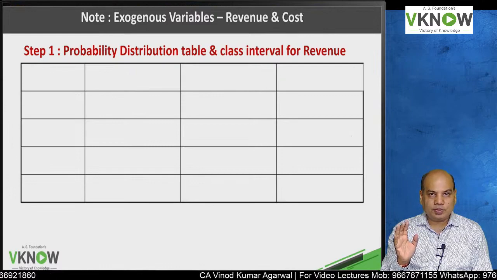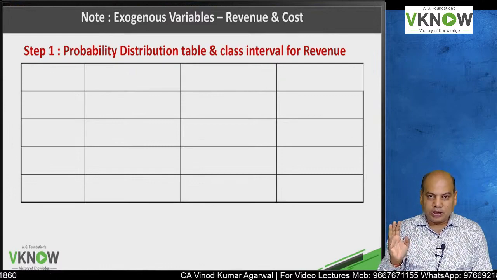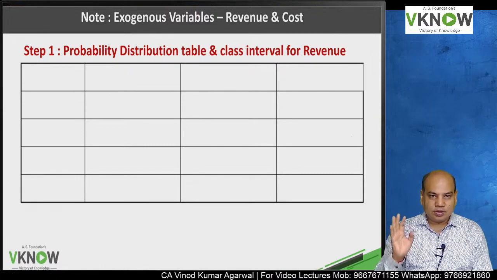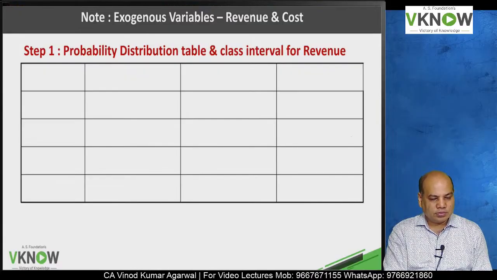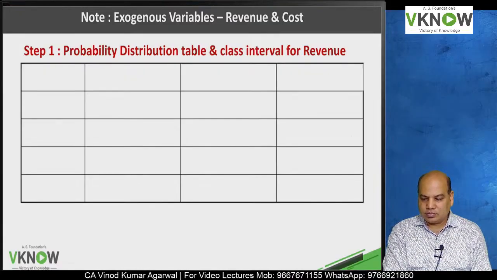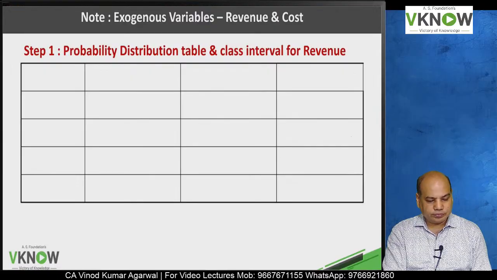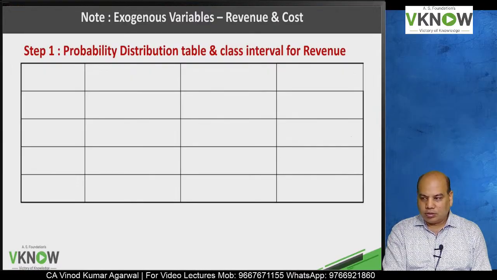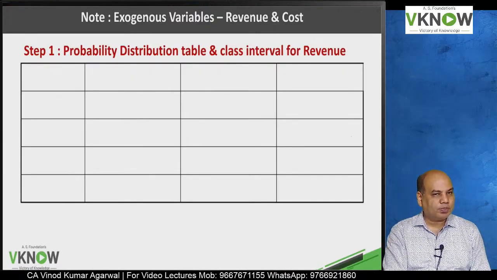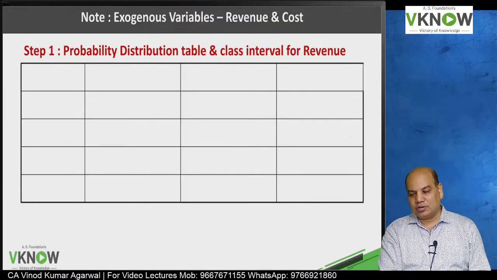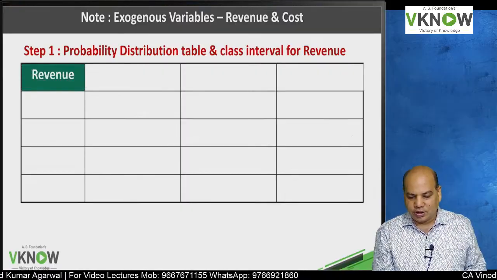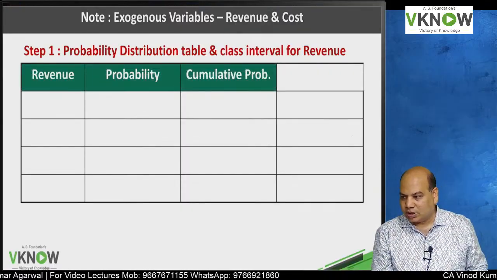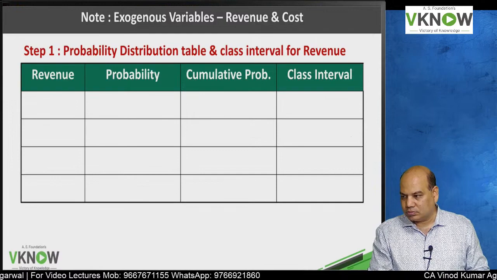Now first I need to prepare the probability distribution table and class interval for revenue. Very easy question, only some process you have to understand, that is how to make use of random numbers. Otherwise the question is very easy. Make a table with 4 columns.